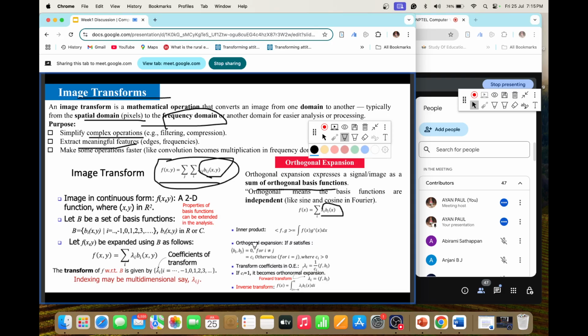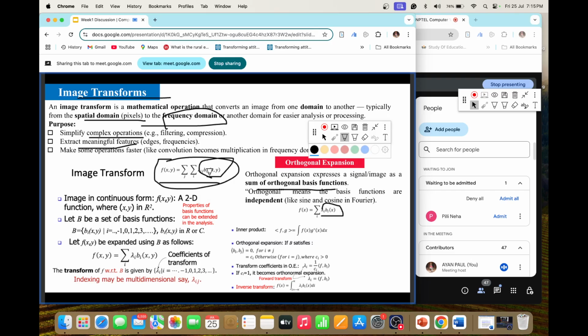Like sine and cosine, which are completely independent of each other. That is why this type of function is known as an orthogonal function. Generally the basis, the direction, that we select in case of a 2D image is always orthogonal to each other, because if it is orthogonal, our calculation process will be much simpler. So that is the orthogonal expansion.